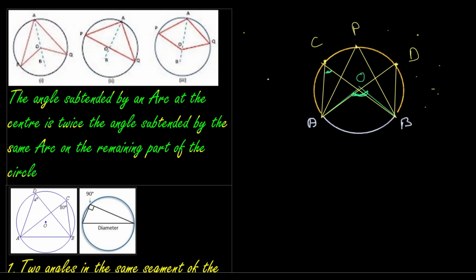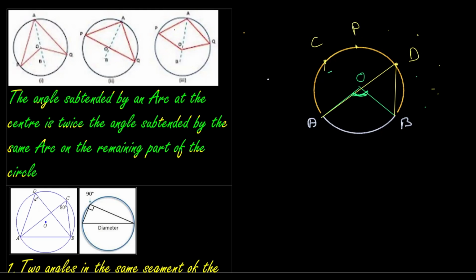Alternately, I can say it is twice of this as well. It should also be twice of this, because these points C, P, D are on the remaining part of the circle. That's called the alternate segment.